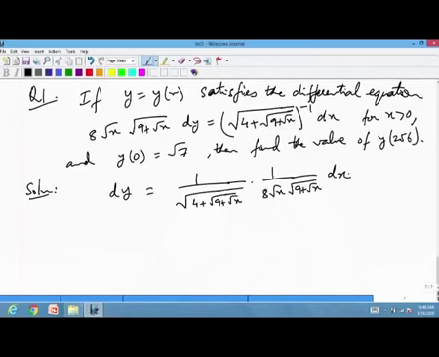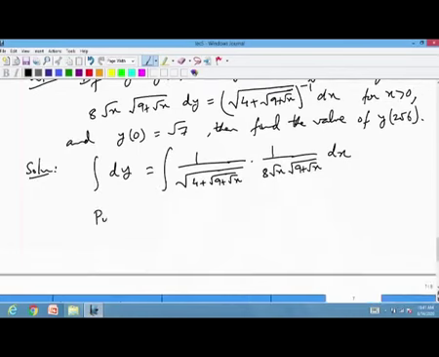So, we see that this is of the first kind variable separable equation. Now, we just integrate both sides. So, this will give y is equal to the integral of this. Now, how to integrate this?